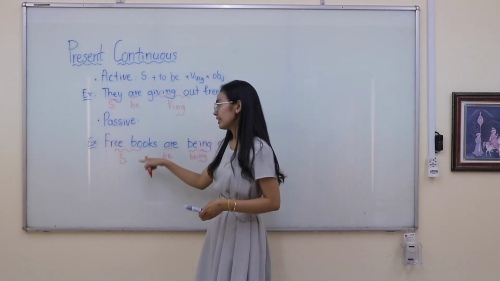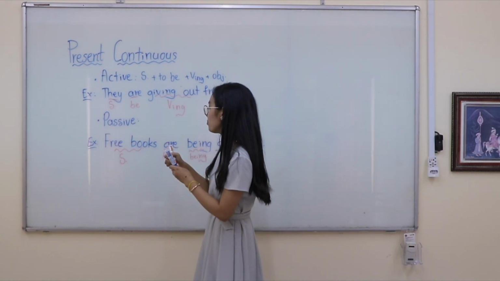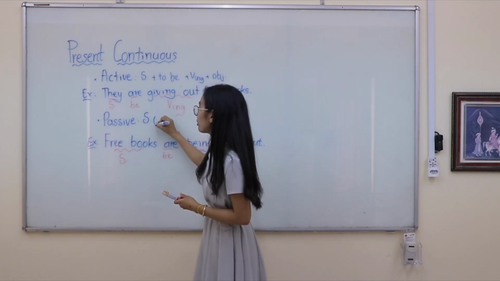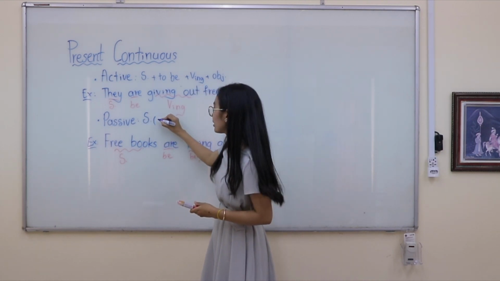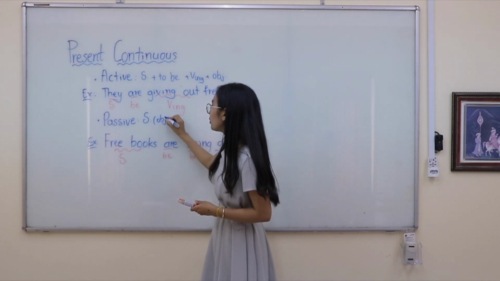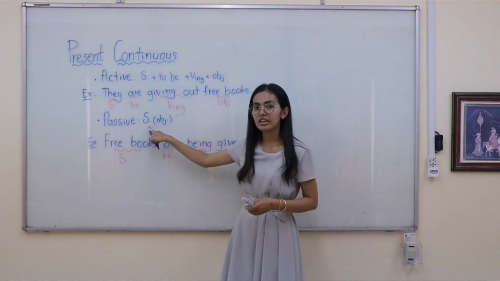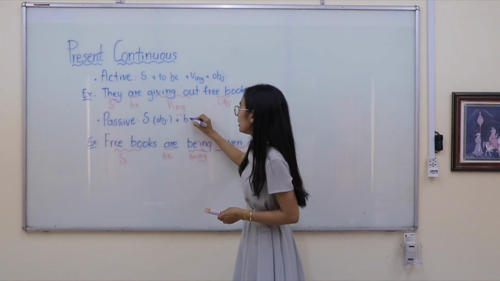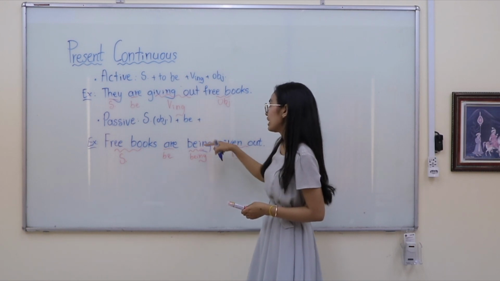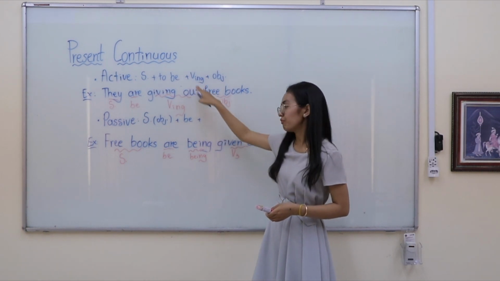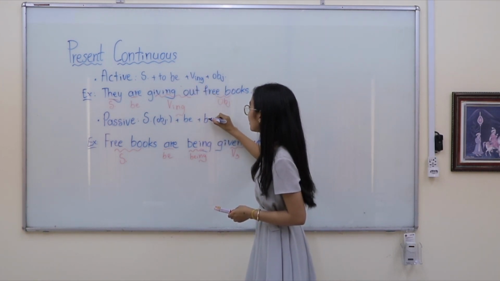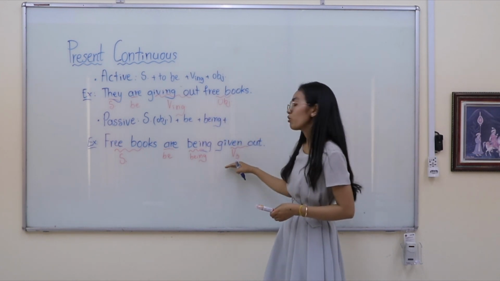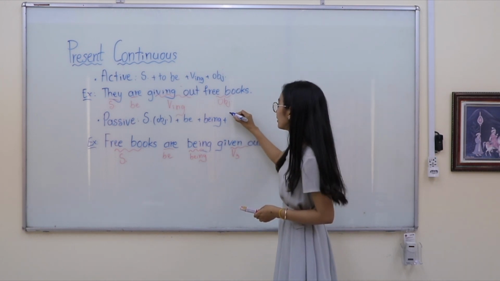So from this sentence, we have a new form. We have a new subject. To prevent confusion, I'll put object in brackets, so you will know that the subject here was an object in an active sentence. We still have verb to be. Right now we no longer have verb-ing, but we have "being" instead. And we will have verb 3 right here.